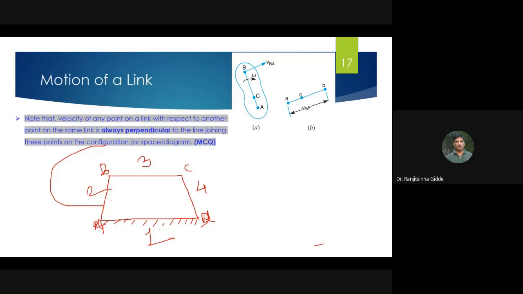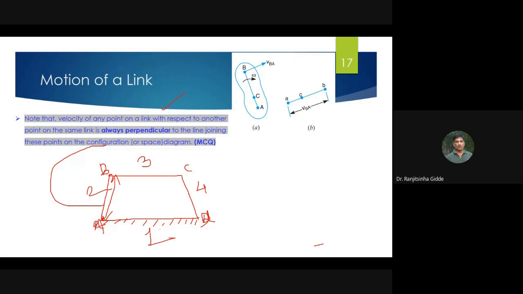Right. Now this is point A, this is point B, and this is the line joining these 2 points. And how to represent the velocity of this point B?